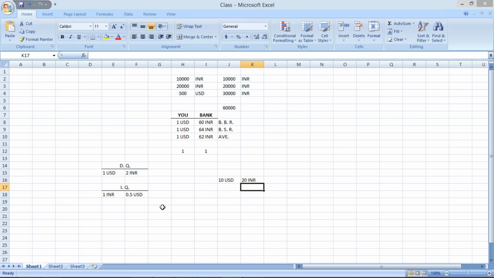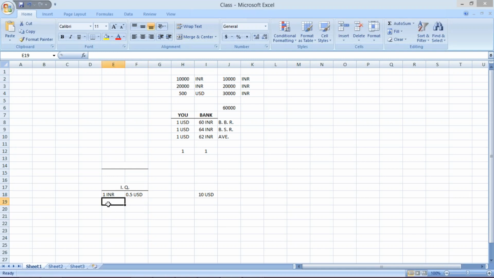Whereas now, if we have not maintained direct quotation, we have maintained indirect quotation, here again we have to convert. We have posted a transaction of 10 USD. If the system is going to convert into INR, then how? Through indirect quotation. The system says that 1 INR equals 0.5 USD.